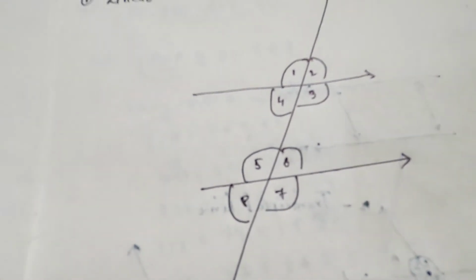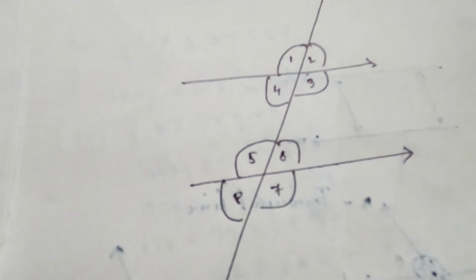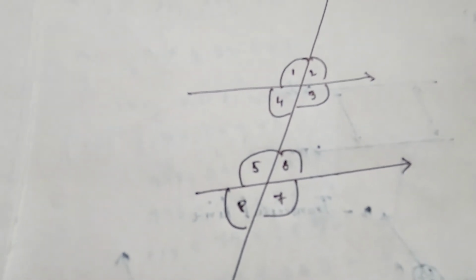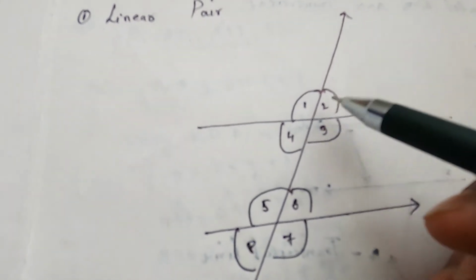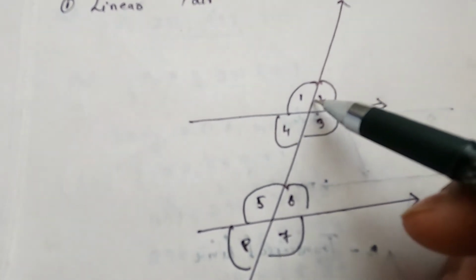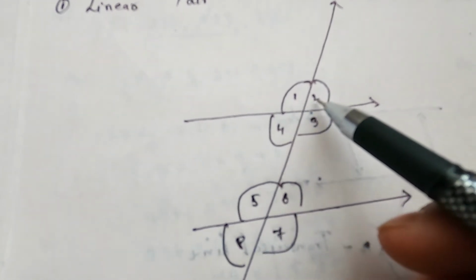Alright, students, the first pair of angles is linear pair. So we know what is a linear pair? Any two angles whose sum is 180 is called a linear pair. So in this case, the linear pair angles will be angle 1 and angle 2.